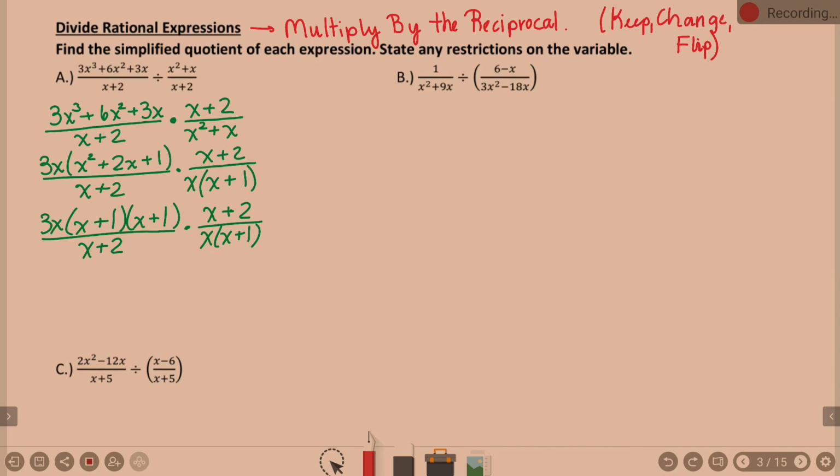Okay. What cancels? X plus 2. Okay. 1 x plus 2 on bottom cancels with 1 x plus 2 on top. What else cancels? Note 1 x plus 1 on bottom cancels with 1 x plus 1 on top. What else cancels?